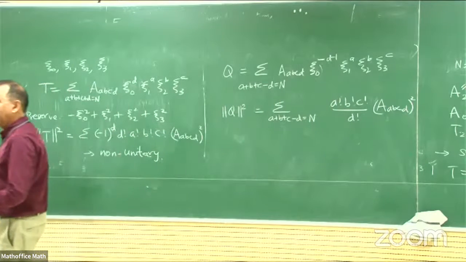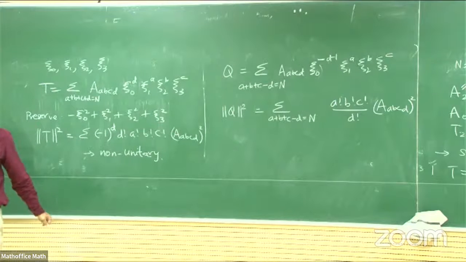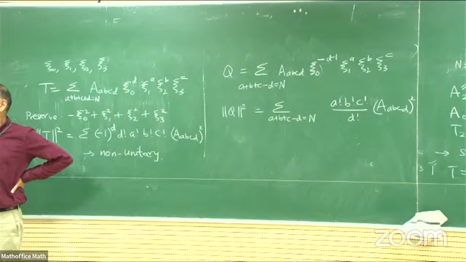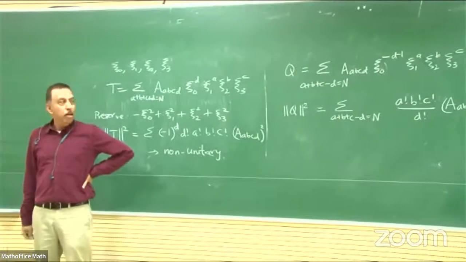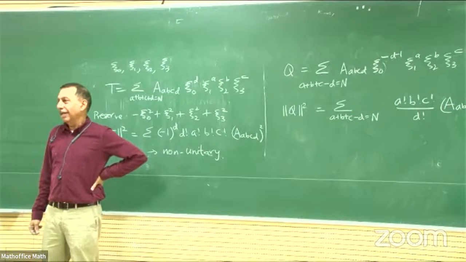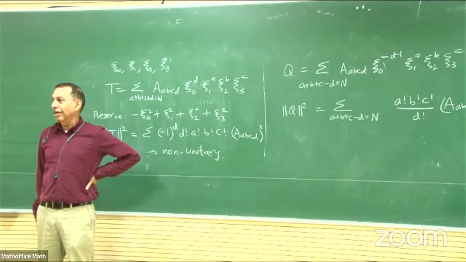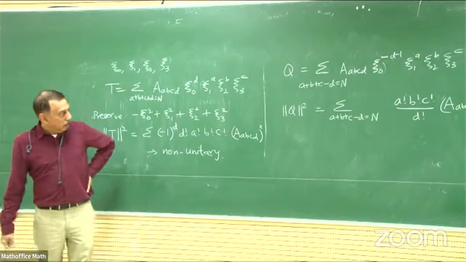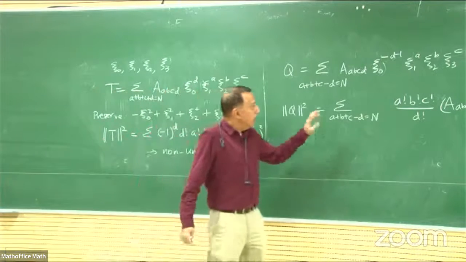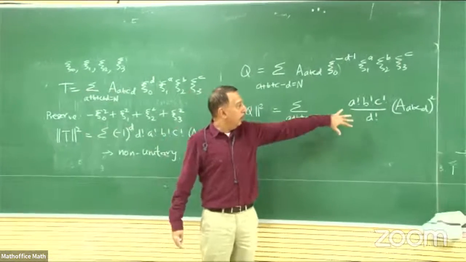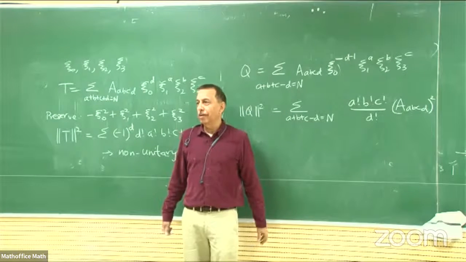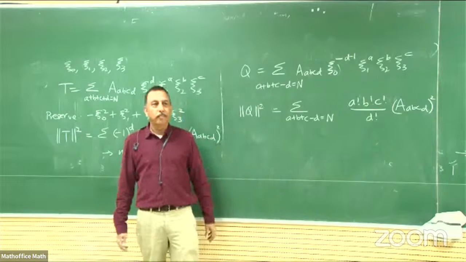This need not be a finite sum now, right? The sum is not a finite sum. It cannot be a finite sum because you have to take all A plus B plus C minus D equals N. So you get an infinite sum. And that's exactly the point. You better get an infinite sum, then only you will have an infinite dimensional representation. And the beauty of it is that the infinite sum will give you a unitary representation because this norm is positive and it preserves this norm.